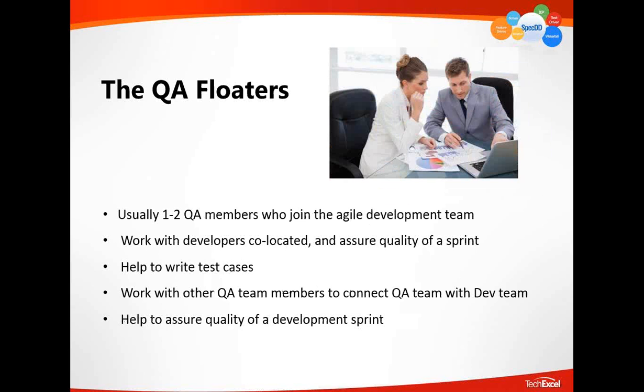So obviously the QA floaters are usually 1 to 2 members who join the Agile team and work with developers. They are co-located. They work with the QA team, and they co-locate with the Agile team, and help to write test cases, and connect the QA practice with the development team. And they help to assure the quality of the development sprint.